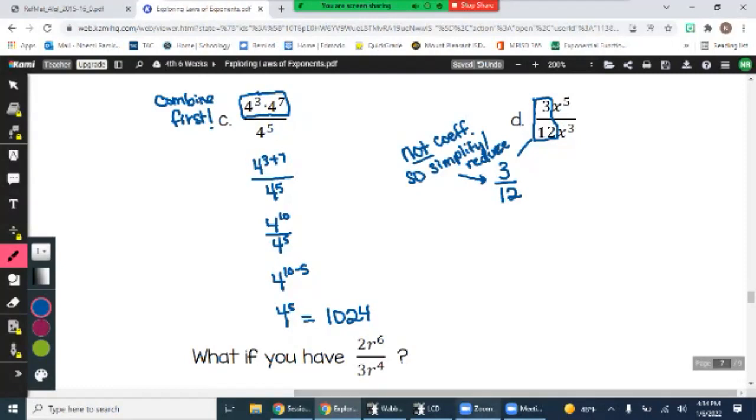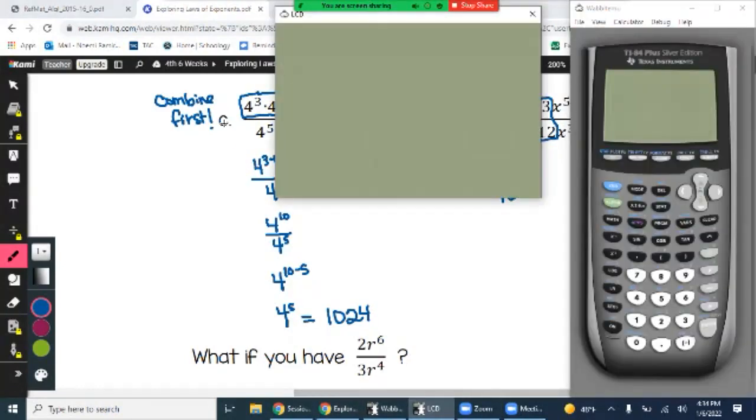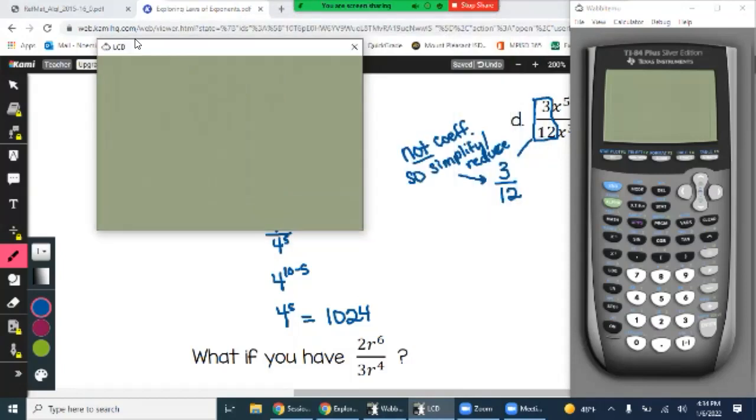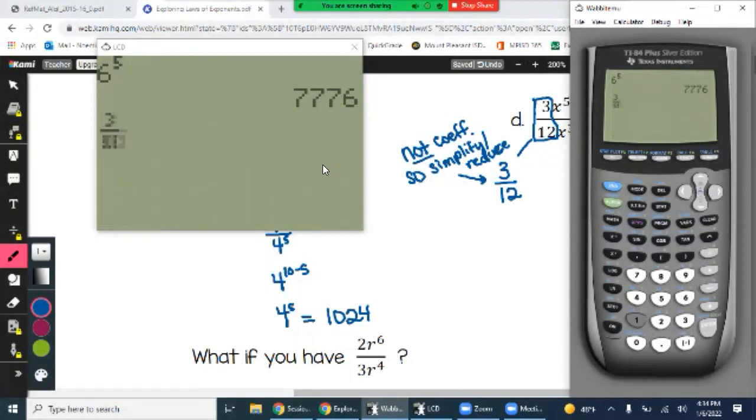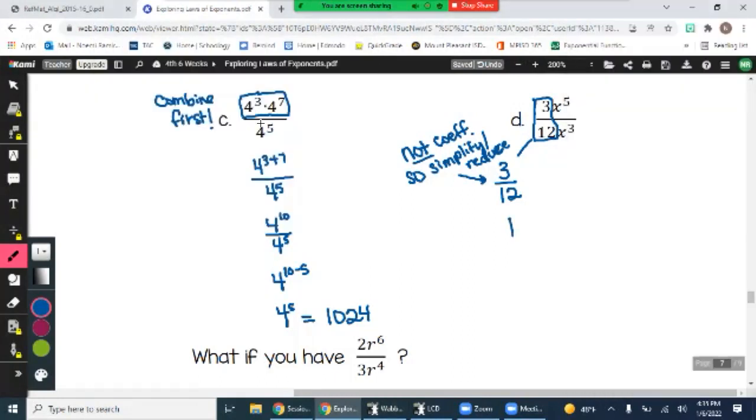So 3 over 12. How do you reduce or simplify a fraction in the calculator? Well, first of all, I'm going to do my alpha y equals, 3 over 12. Enter, right? And we get 1/4. So it simplifies, it reduces to 1/4.